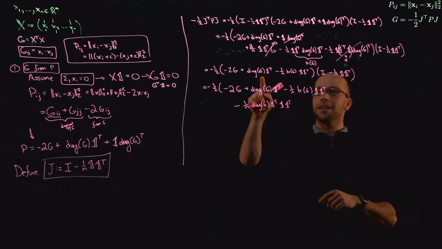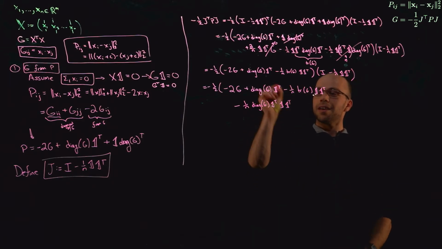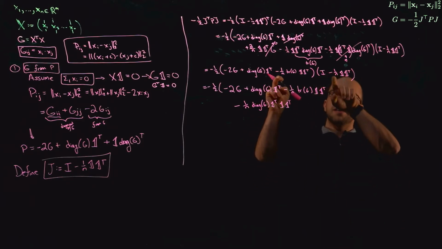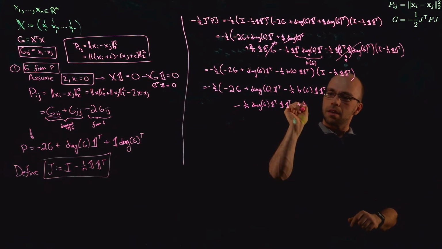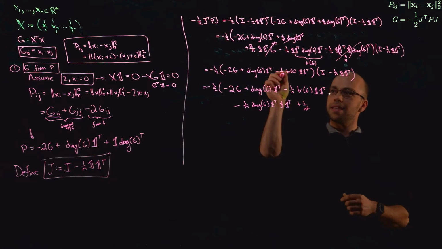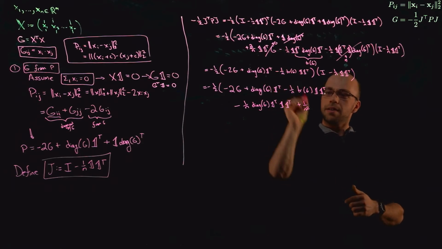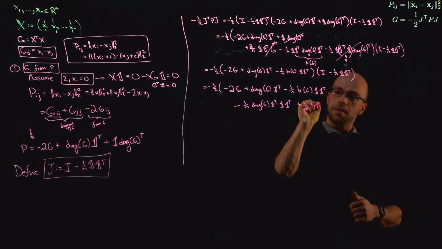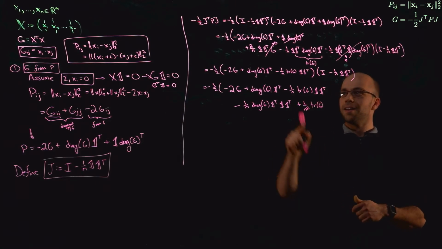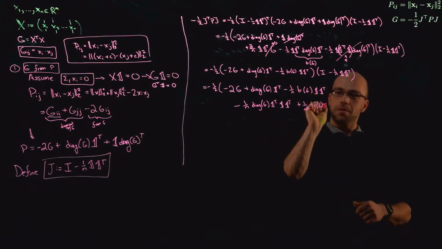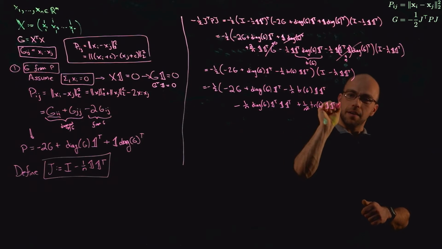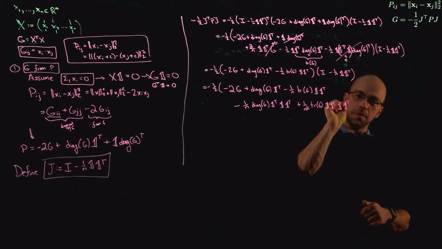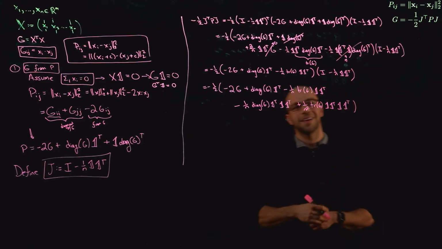And then finally, for our last little piece here, we have a minus times a minus is a plus 1 over n squared times the trace of g, like that. And now we got all kinds of stuff. We have 1, 1 transpose, and then a second 1, 1 transpose.